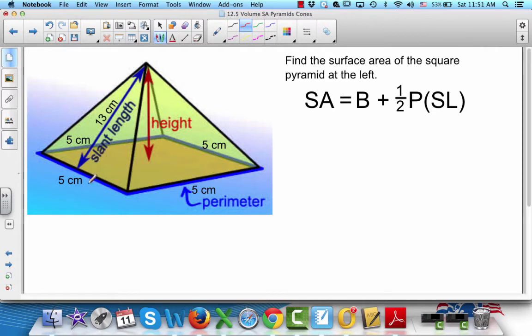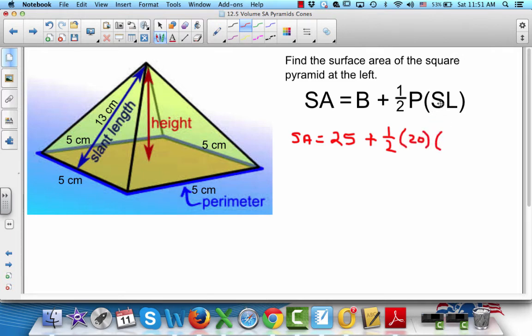So this is a square pyramid, and we start out with surface area equals B. Well, B, the big B, is the area of the base. So let's try it. Length times width, which would be 5 times 5 is 25, plus 1/2 times the perimeter. The perimeter is 5 plus 5 plus 5 plus 5, which gives us 20.